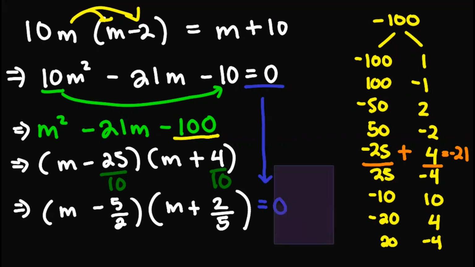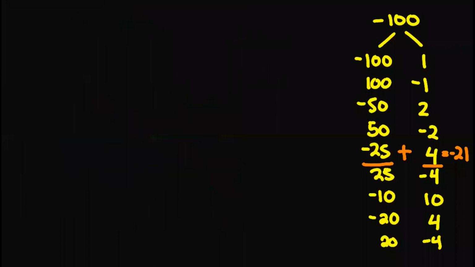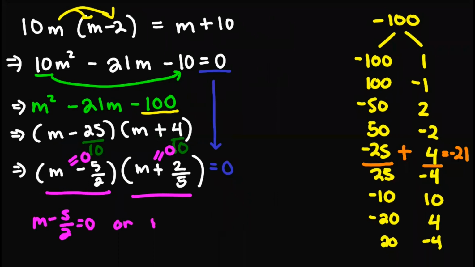And now, this equation will hold true if this one is equal to 0 or this one is equal to 0. So we've got m minus 5 over 2 equals 0 or m plus 2 over 5 equals 0.